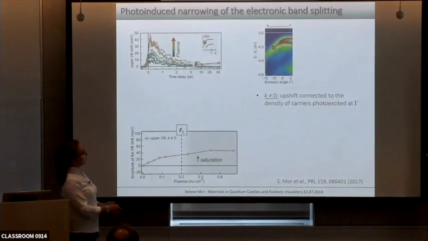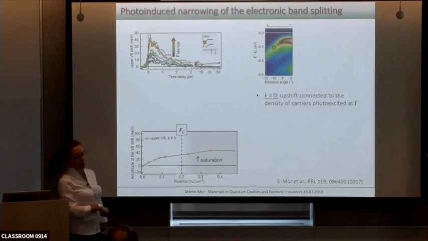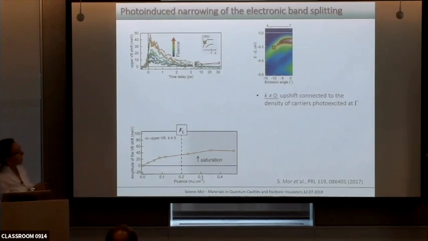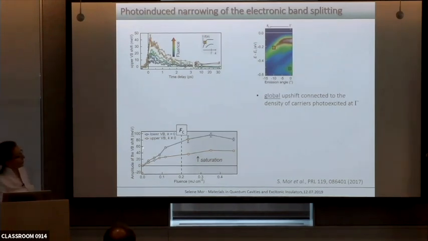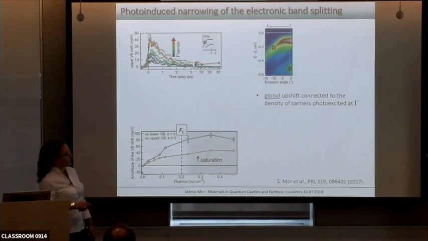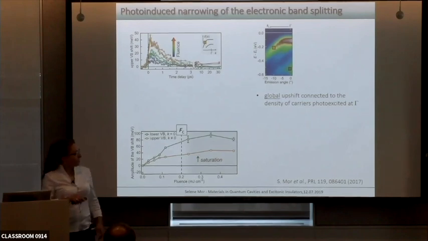What happens is that the upper valence band at large momenta undergoes an upward shift, and the amplitude of this shift increases with the excitation density and saturates above the critical excitation Fc. The lower valence band at gamma has a very comparable behavior, which again connects this upward shift dynamics to the number of free carriers excited at the gamma point.